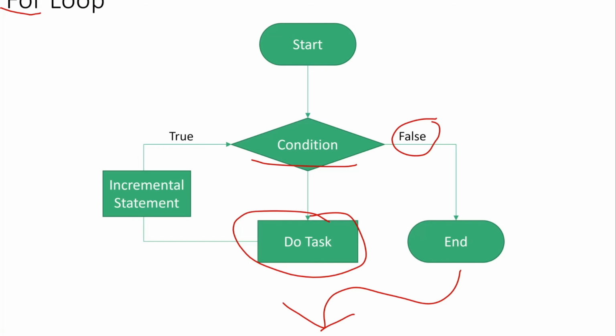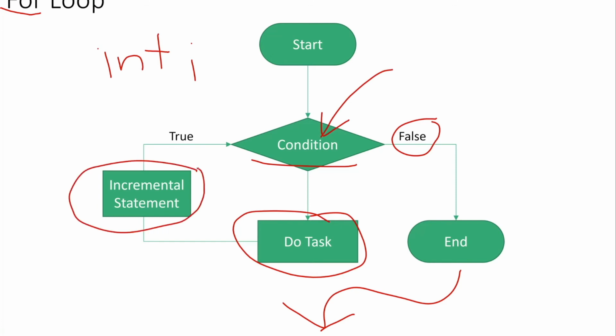So basically, you have to keep track of how long the for loop's been going for. Later, when I show you in code, you will see this much more clearly. But you have to initialize a variable, like int i, which is the convention, and then here in the condition, you have a Boolean expression, and then over here you have an incremental statement.